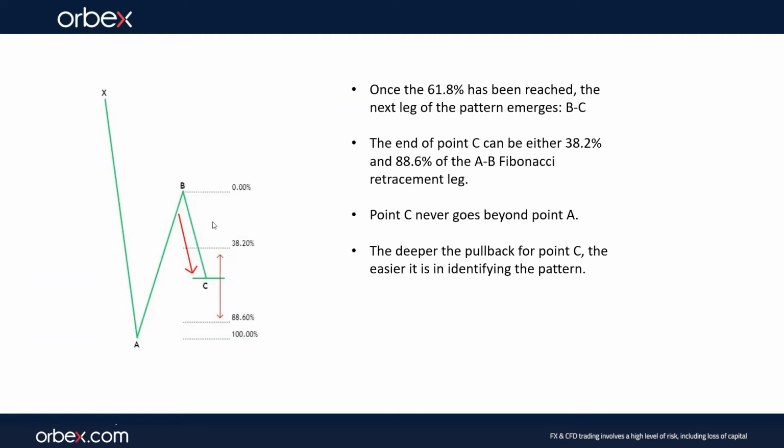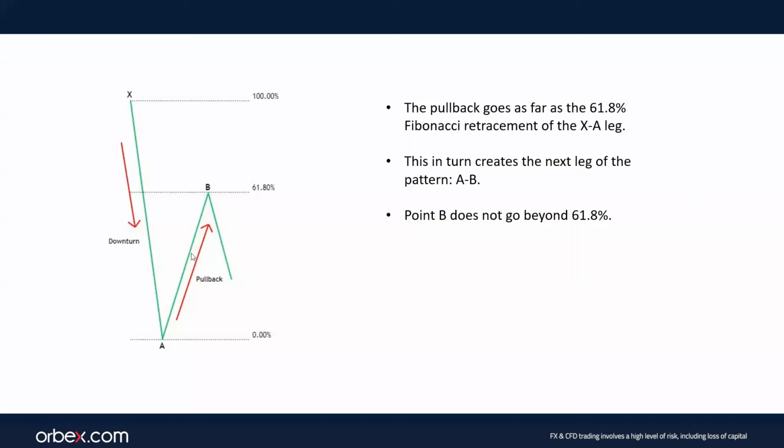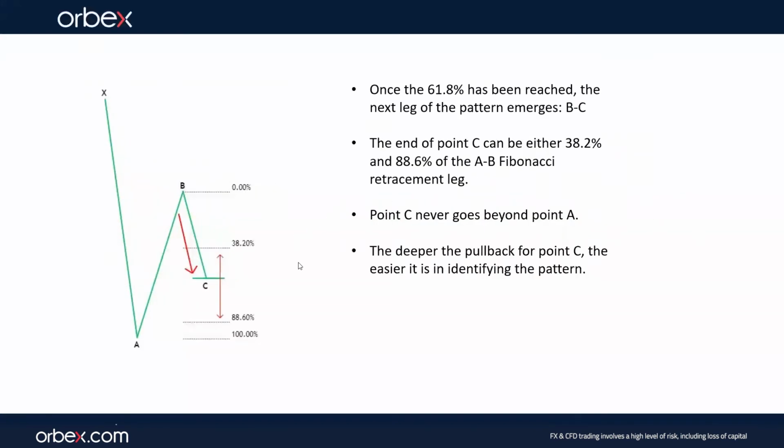So it's a little bit less strict than the A to B leg, which usually goes to approximately 61.8%. For this one we have a little bit of leeway. It can drop a bit further down or finish a little bit higher up. I've just put it in the middle so you can see it more easily.